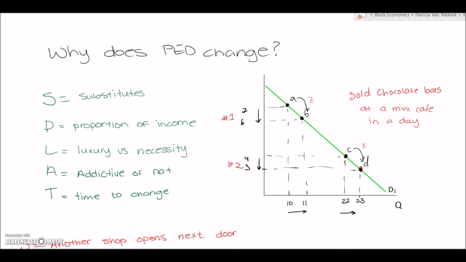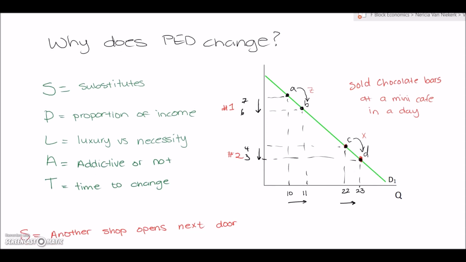If we're looking at substitutes, let's say another shop opens next door to the shop. Now, if I own the shop, I will then decrease the price so that more people come to my shop when looking for a candy bar. So then, by decreasing the price, your demand will then increase.